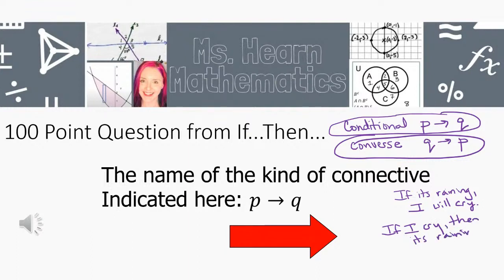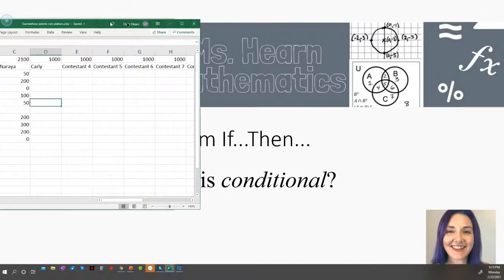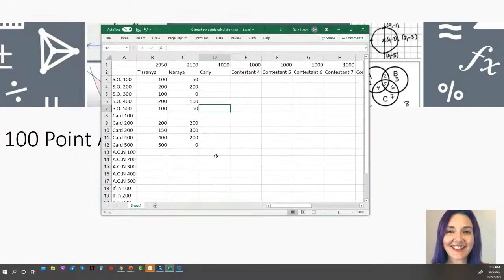These two are both conditional statements, and they're converses of each other. Okay. So conditional. And Naraya got that one. You get 100 points.